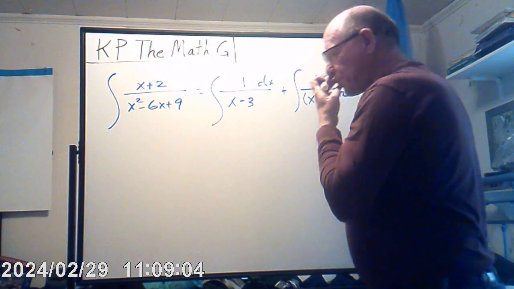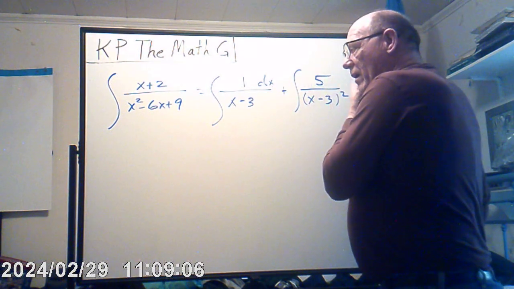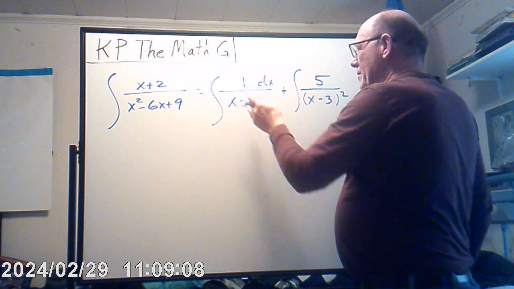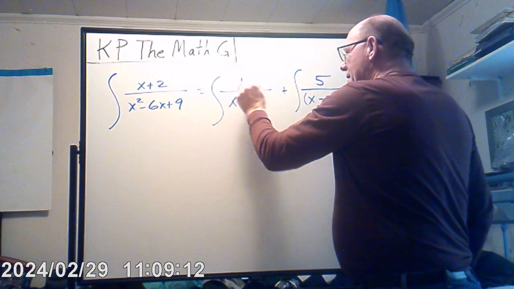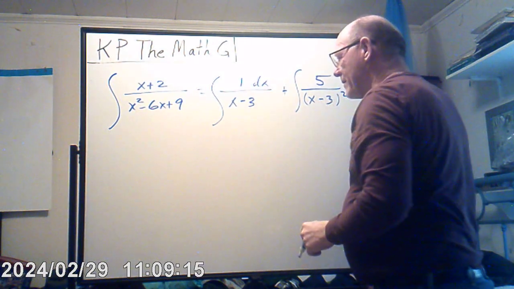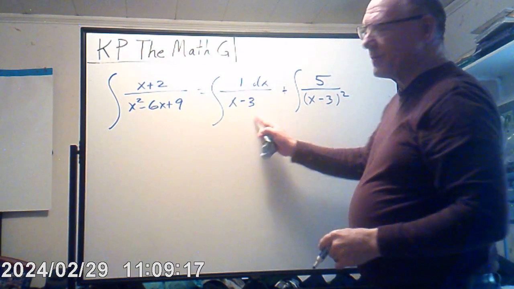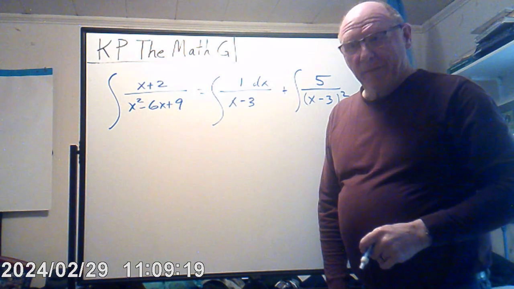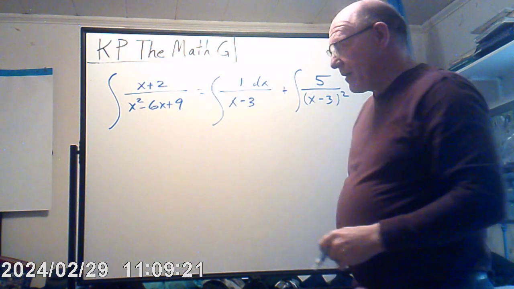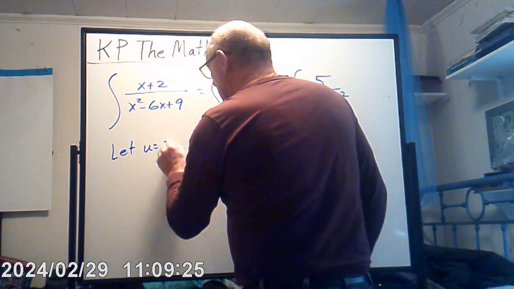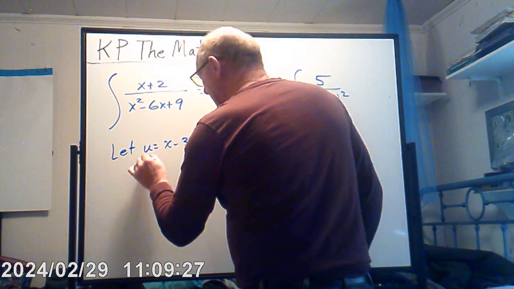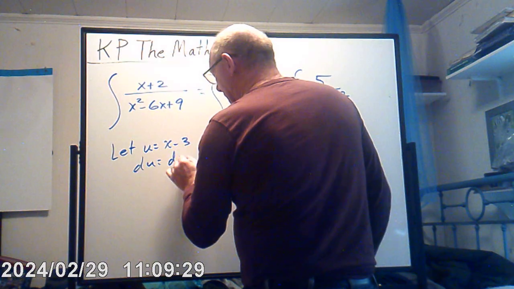This one, 1 times dx is just dx. You recognize what this one is? Yeah, it's ln, right? And again, you don't have to let u be x minus 3 because du is equal to dx.